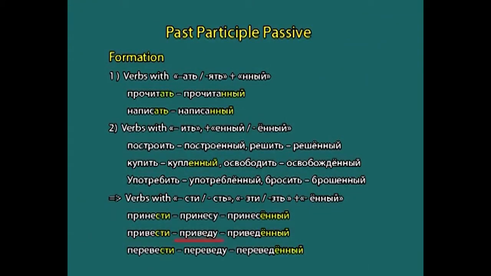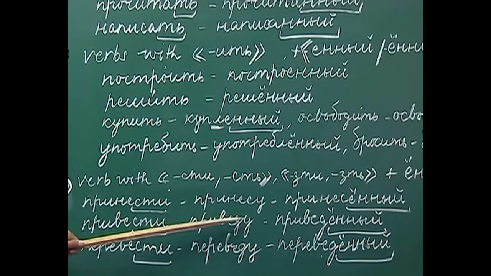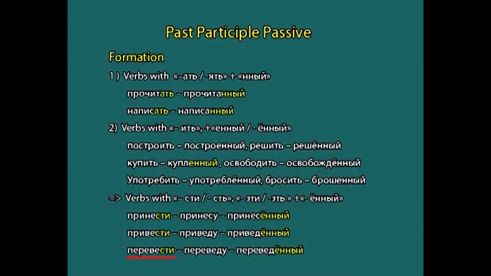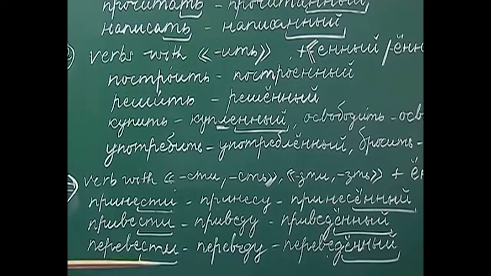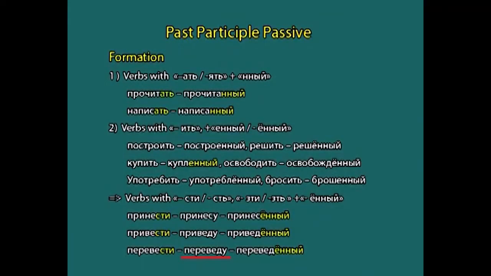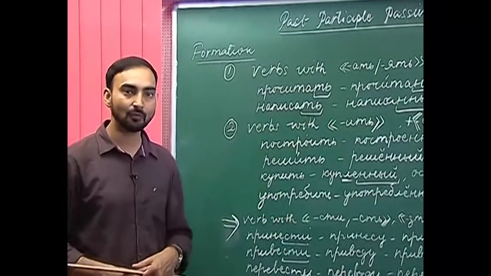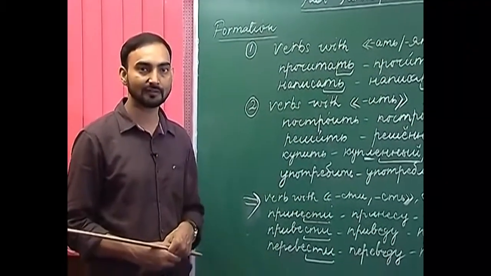Privischi ya prividu. Again you have to drop the ending u and add yonni. Privigyonni. The next is pirivischi. Pirivischi is to translate. Ya pirividu. Pirivigyonni. So, this is how we form the past participle passive. So, apart from these two rules, there is one more rule also which we will discuss now.